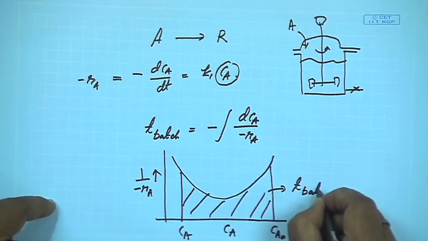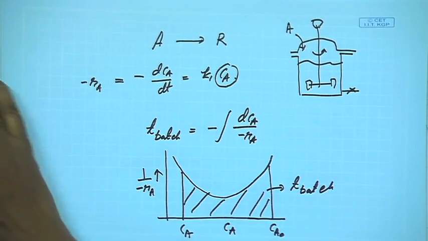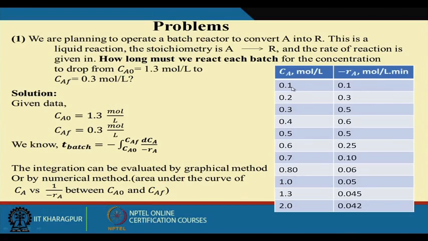Am I right? So, here I can show you in this reaction the values keep on increasing, then after 0.6 it is again decreasing.